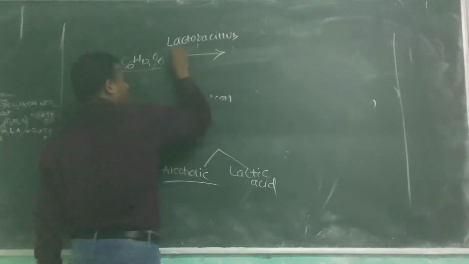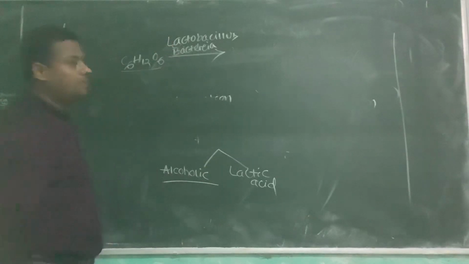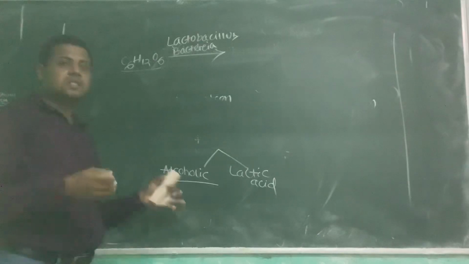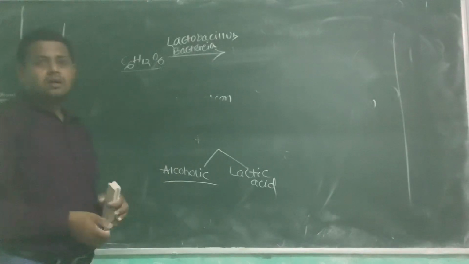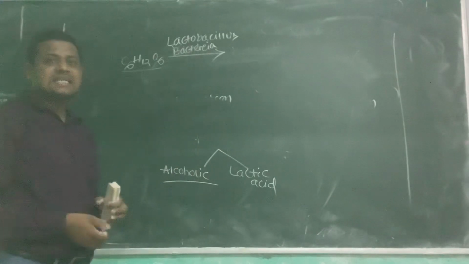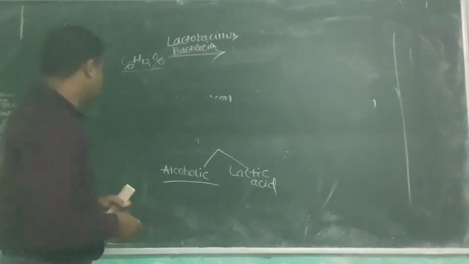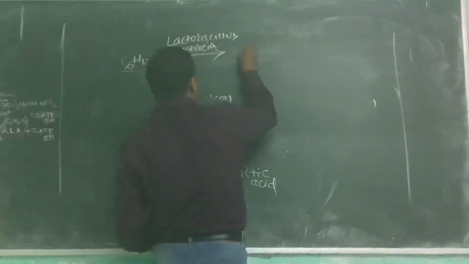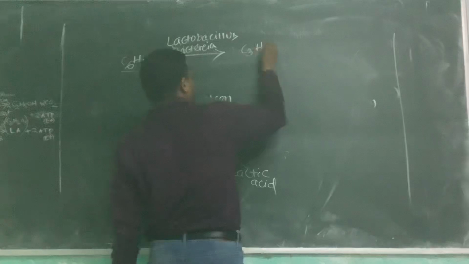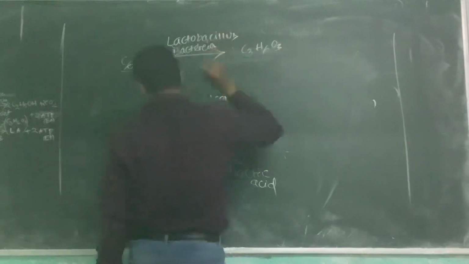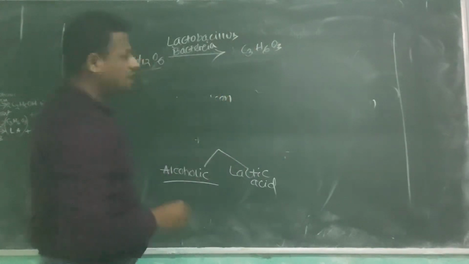Lactobacillus bacteria derive energy from glucose, and here we find lactic acid as a byproduct, C3H6O3.